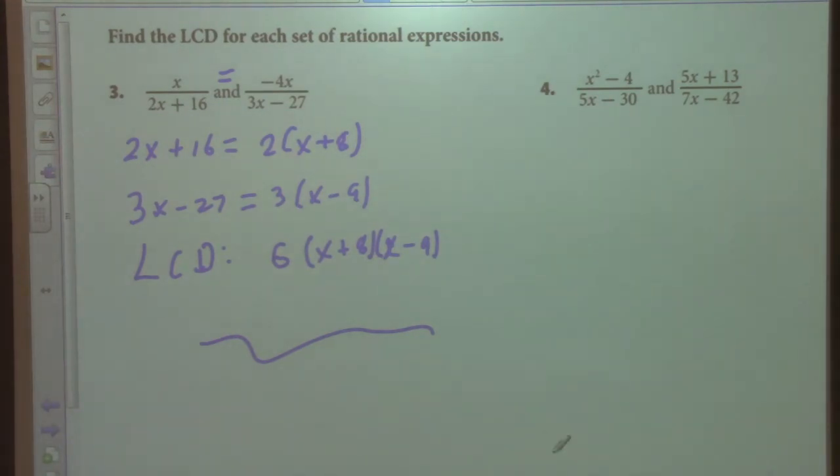Okay. So I won't erase it. What I want to do is choose somebody to do number 4. Once you do number 4, in similar fashion, I'll choose somebody else. Let me get to my wheel here.